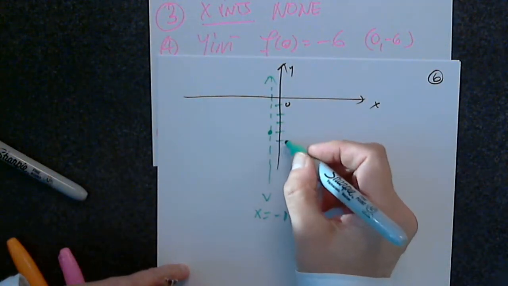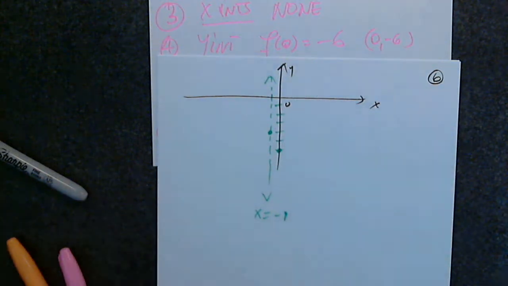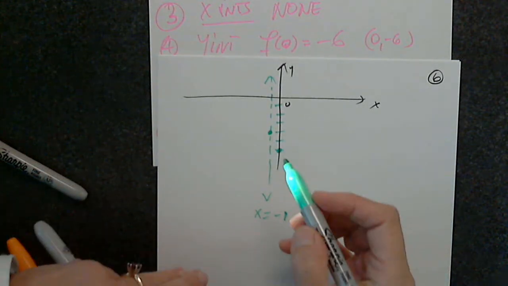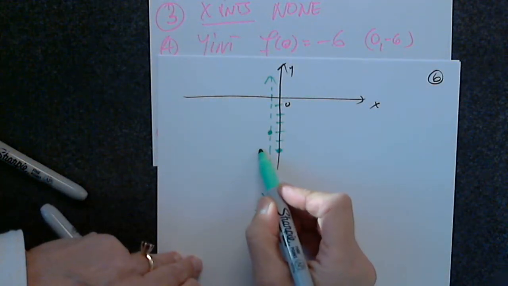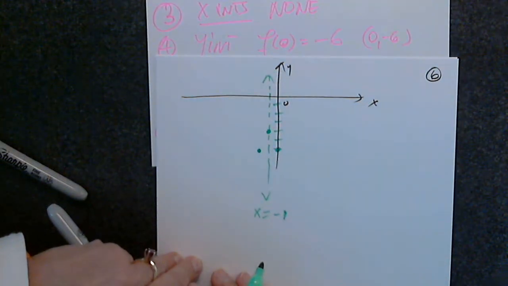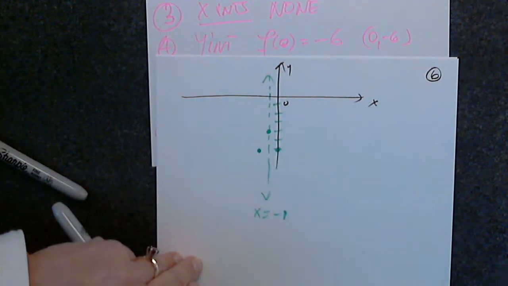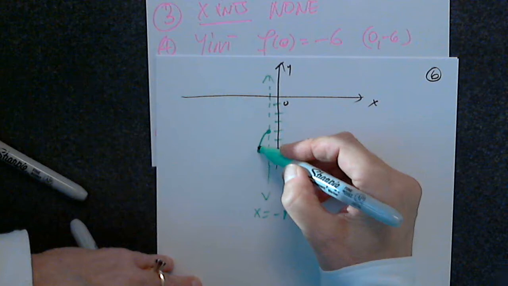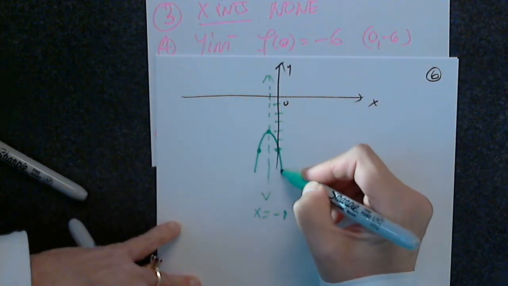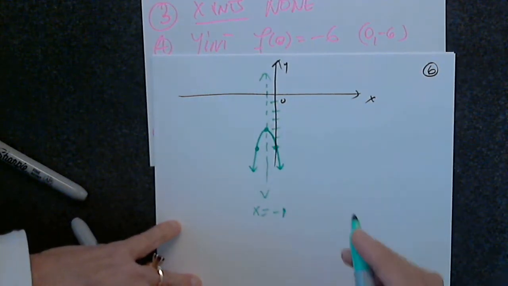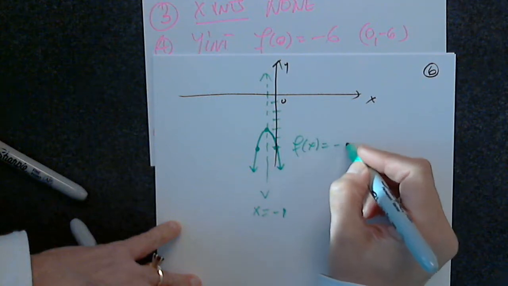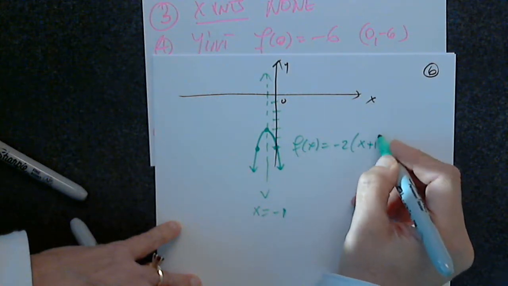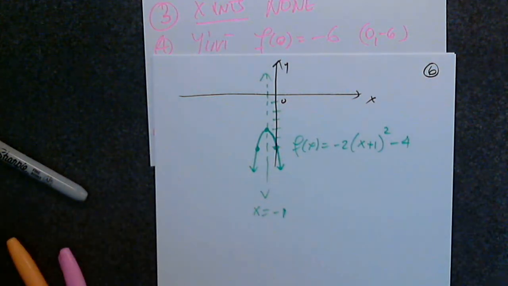So this was 4, 5, 6. You can ask, are 2 points enough to graph a quadratic function? No, they're not. But by symmetry on the other side, I can always determine another one, as long as they are 1 unit apart. And now I have the graph of negative 2 times (x plus 1) squared minus 4.